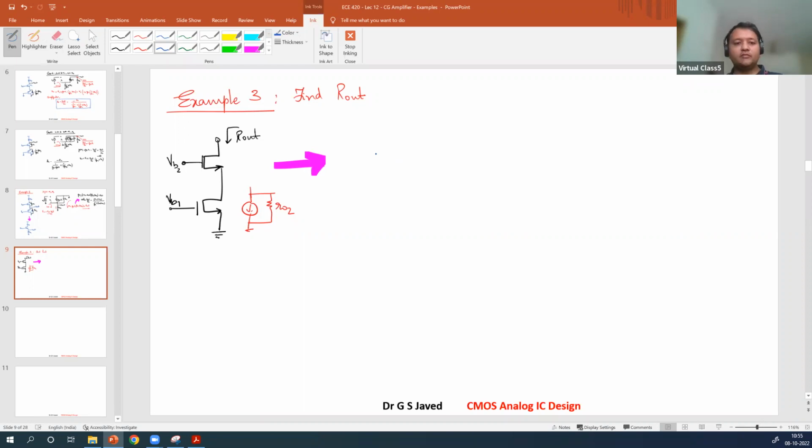How do we begin? Simple. Start off with 3 terminals. GM1 V1. Then there will be GMB VBS, which is again V1. Then you will get output resistance RO1.